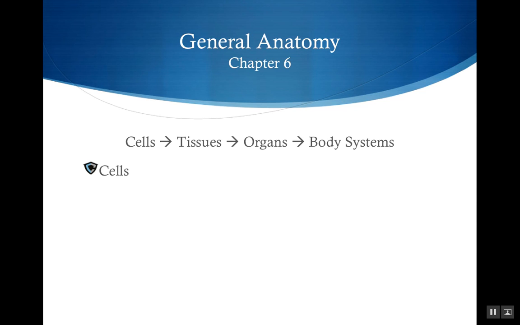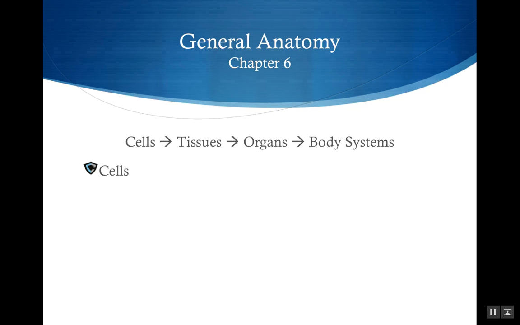Okay, so we're going to talk a little bit more about cells. So cells are the basic units of structure of the human body. Your body is made up of approximately 75 trillion cells, and each of those cells has a designated purpose. Each cell can react to stimuli, they can transform nutrients into energy, they can grow, and they can reproduce.